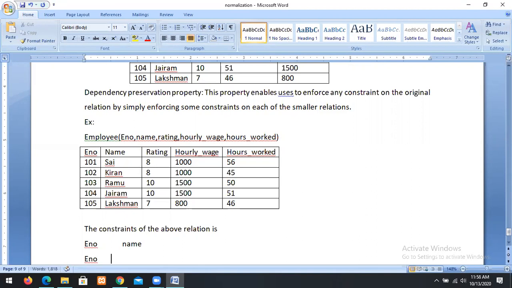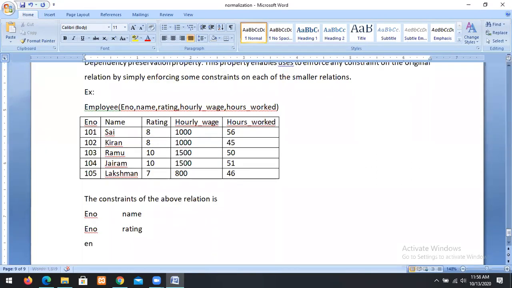Similarly, employee number determines rating, employee number determines hours worked, and rating determines hourly wage.